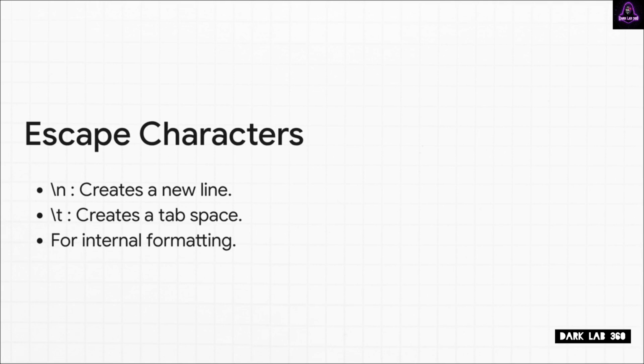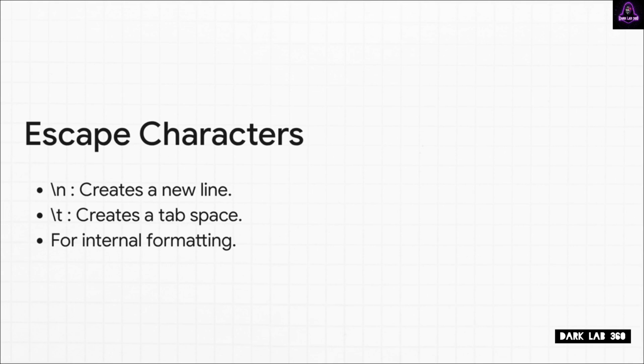But what happens when we want to format our text? Since we can't exactly just press the Enter key to drop our text down a line, because hitting Enter just moves us to the next line of code, Python uses these special tools called escape sequence characters. If you type \n inside your string, Python reads that and pushes everything after it to a completely new line in the output.